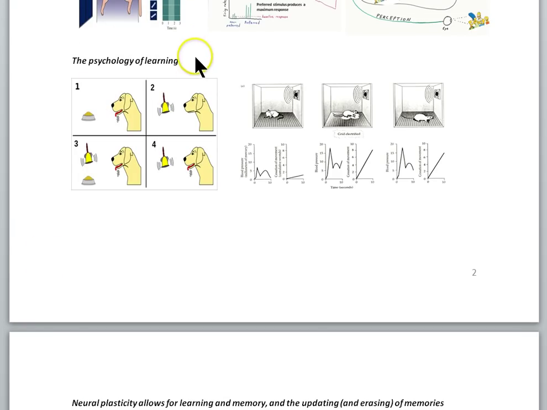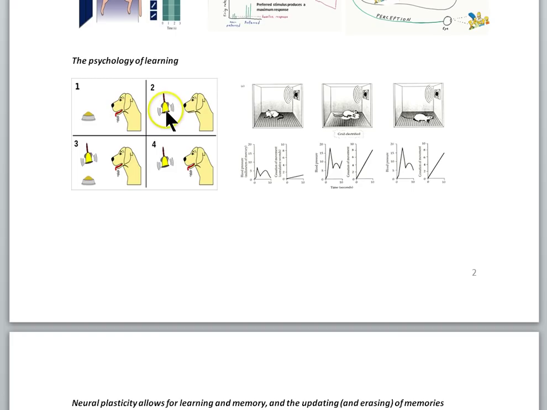We also learn about the psychology of learning. In these 4 pictures, we see the process of teaching a dog to salivate to the sound of a bell. The food is the unconditioned stimulus, and the salivation to the food is the unconditioned response. And this happens automatically. The dog's nervous system is wired this way.